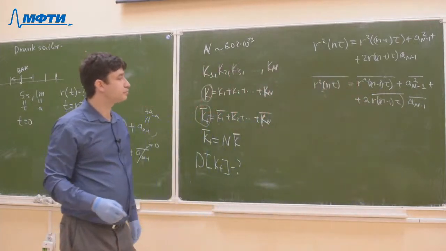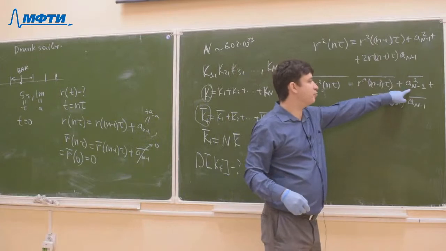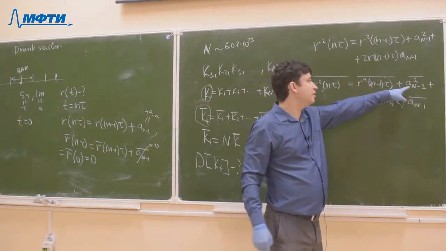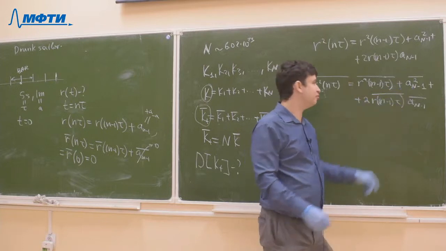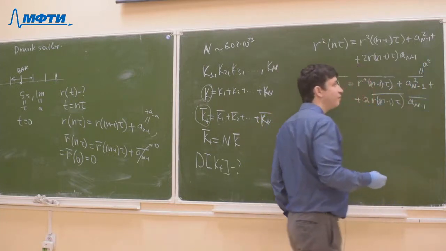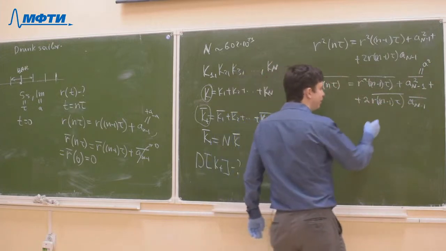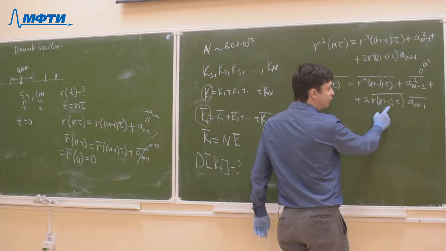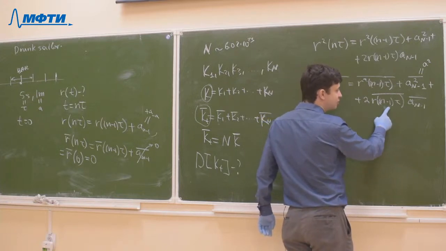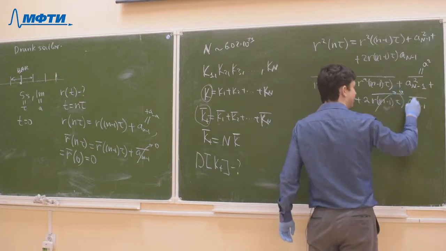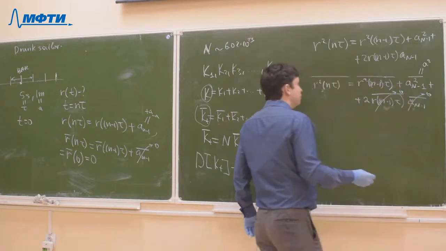Since this random quantity can take either the value minus a or plus a, the average square of this quantity will always be equal to a squared. And this one we have calculated previously. Both the first factor and the second factor of this expression are equal to 0.